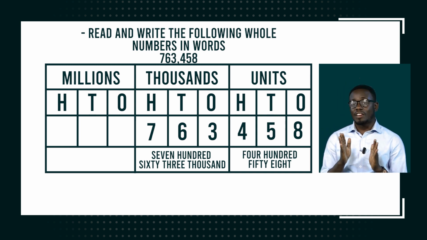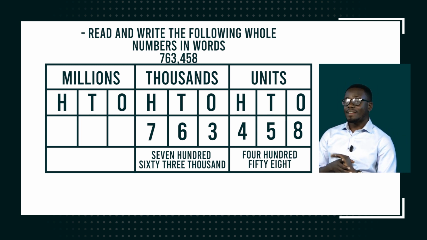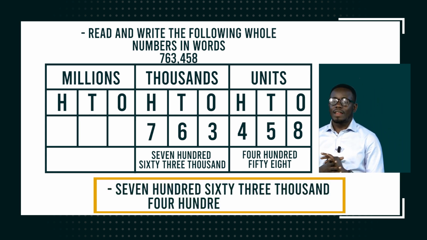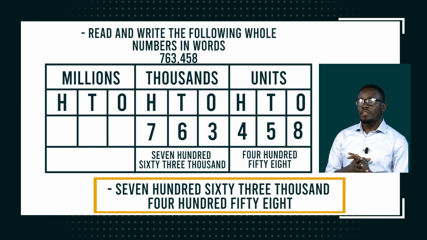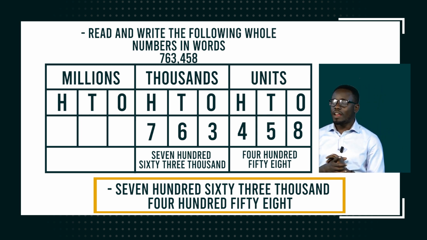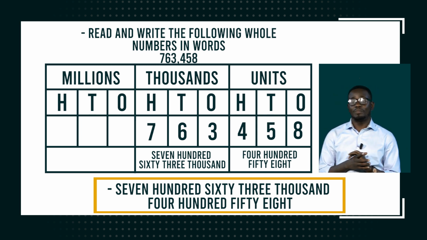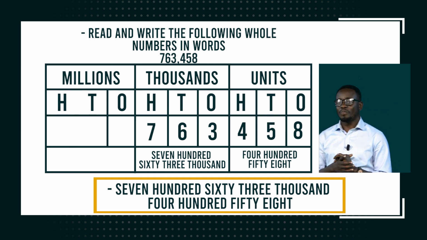So after reading separately, the whole number is 763,458. Wow, it becomes so easy when we apply the place value table. I think we are together there.